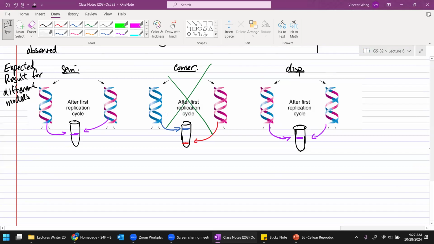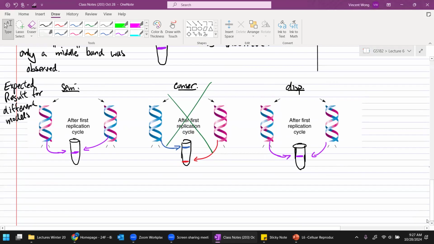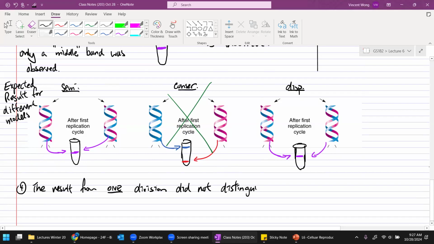So what was this? This was number 3. Okay, so number 4. The result from one division did not distinguish semi-conservative and dispersive model.